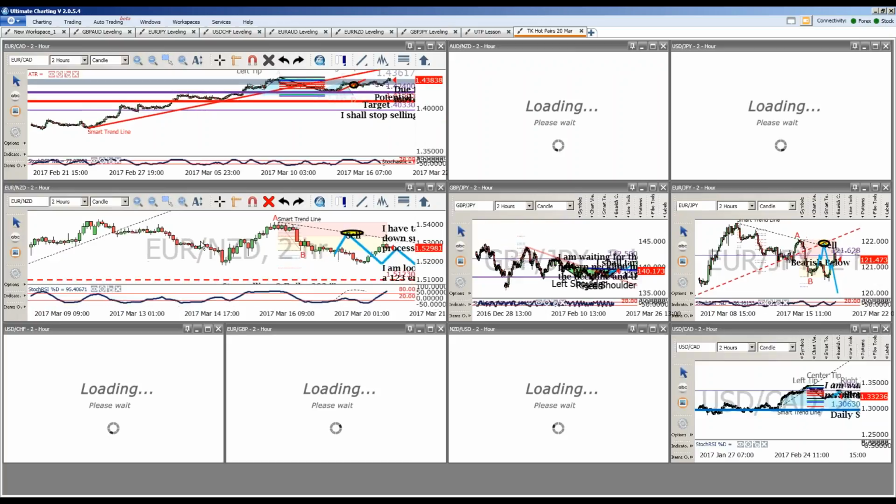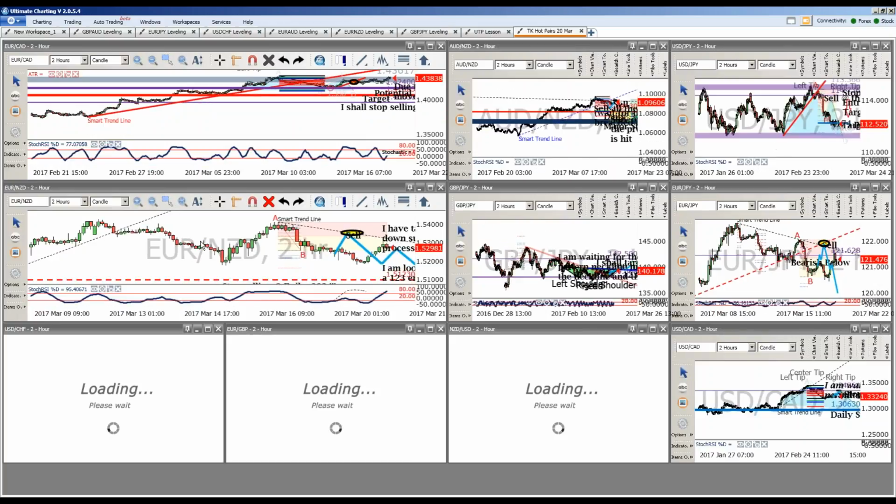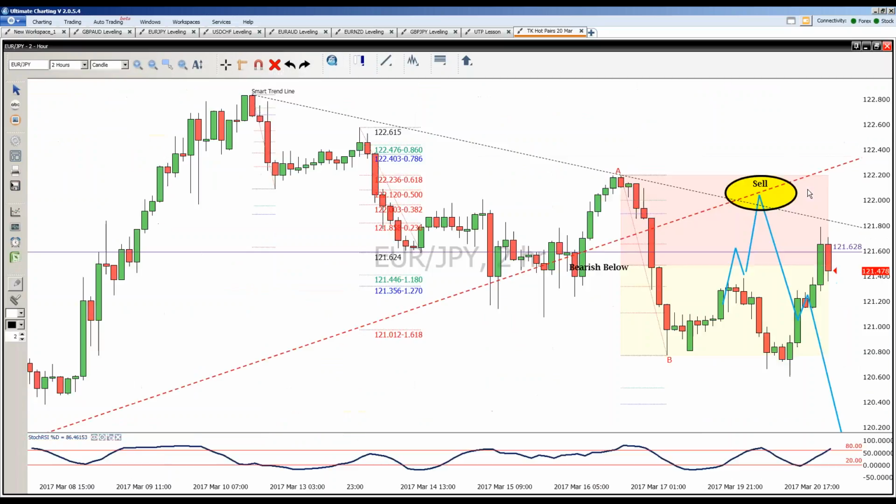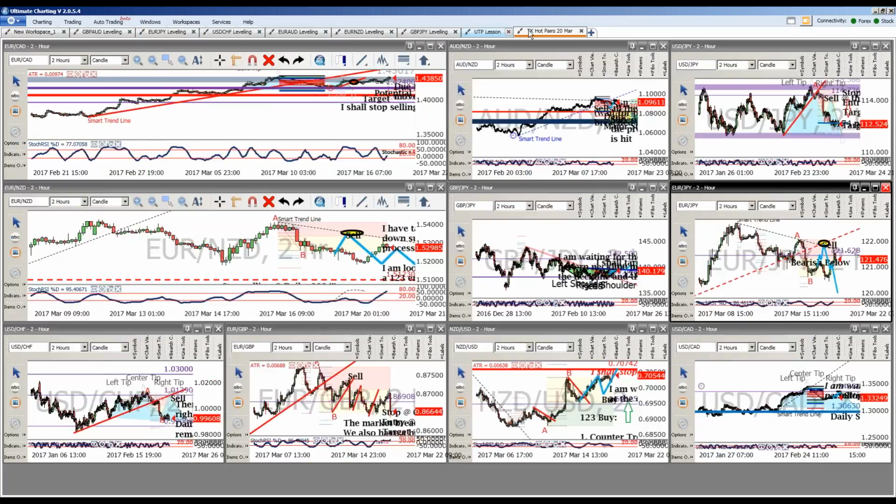Euro NZD, I'm looking for a sell, but I don't know if that one's lining up. Euro CAD, not in that trade. Euro Yen, this one may be lining up for a sell. Okay, great stuff. So let's have a look at the Euro Yen.